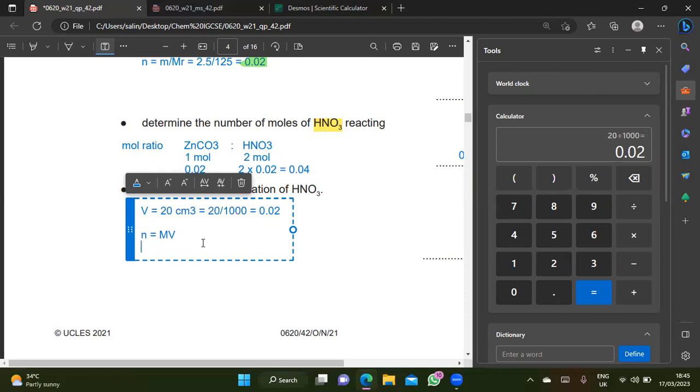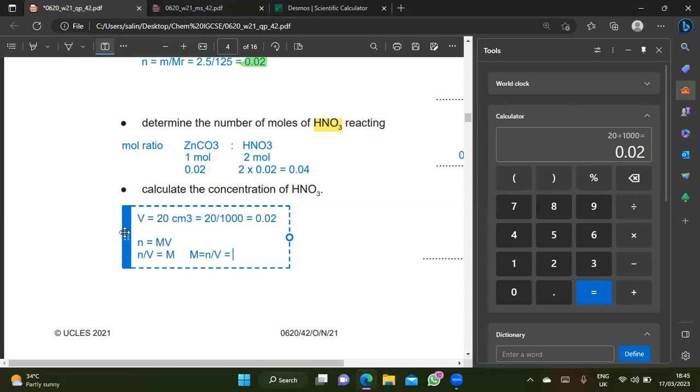So M equals to n over V. n V, bring to the other side, divided by M. So we can rewrite this as M equals to number of mole divided by my volume, which is in dm cube. Then we can just directly substitute the value here. What's the number of mole of nitric acid that I found from the mole ratio here? 0.04.